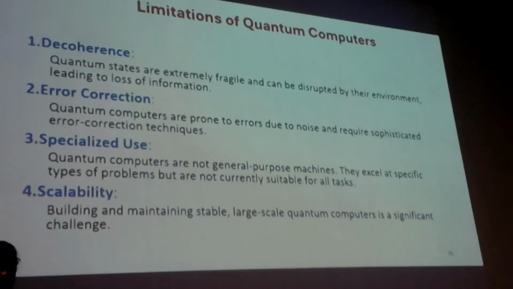It's not that quantum computers will replace classical computers. They will go hand in hand. They are used for very large amounts of data analysis, optimization, cryptography and all. But classical computing will also be there, at least in the near future.